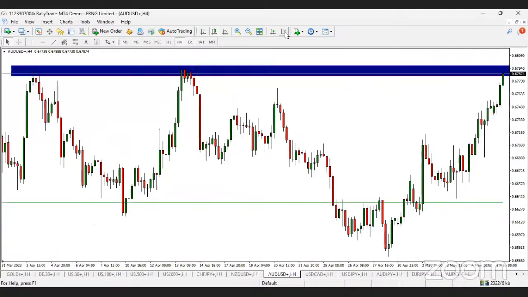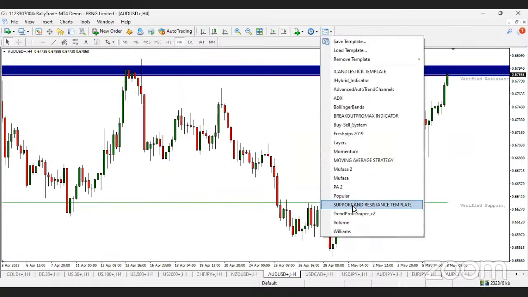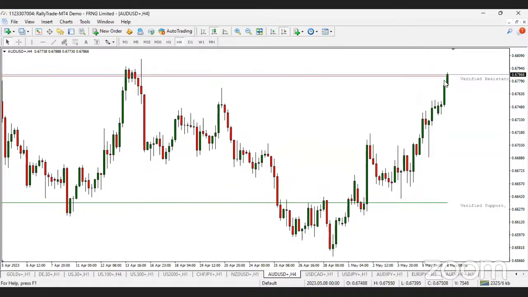On our intraday time frame, even on the H4, price is also at resistance, and we don't want to buy at resistance. Our only reason to buy for AUD USD is the break of this resistance, or most preferably the breakout and retest of this resistance.